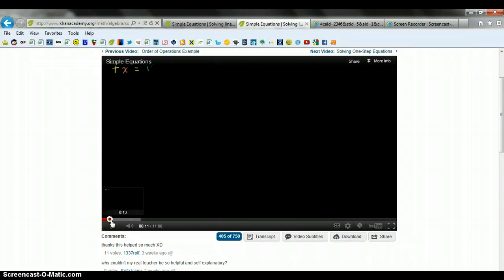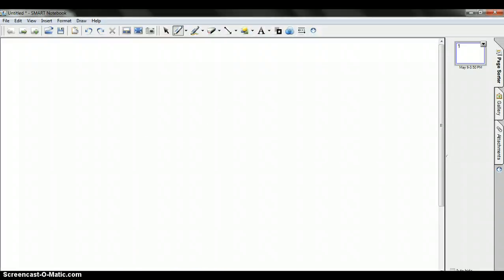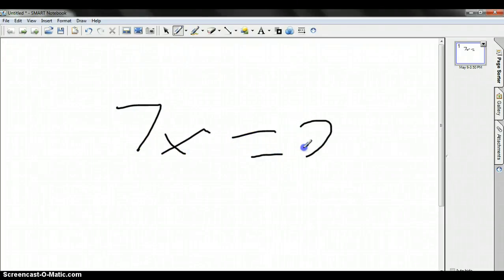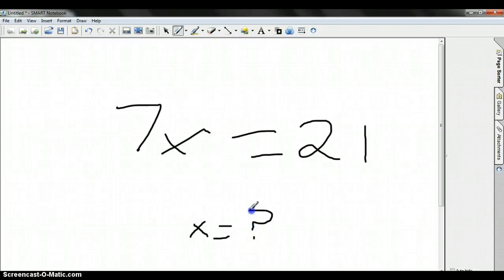Basically, what we're doing, and if I can just show you, is we're starting to look at equations. For example, if we have something like 7x equals 21, we're now trying to ask ourselves, what does x equal?